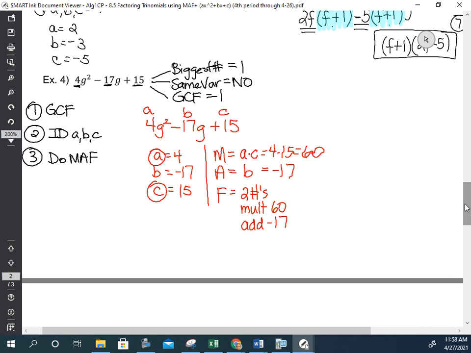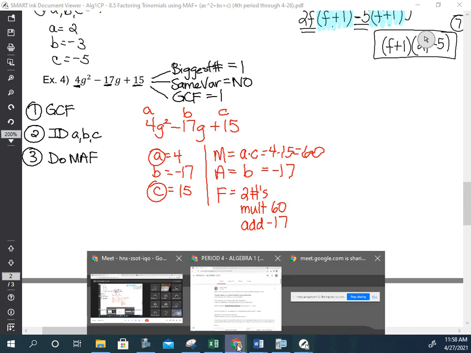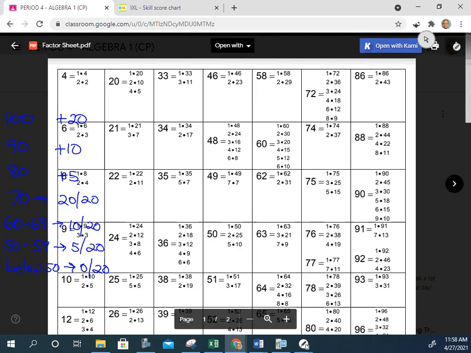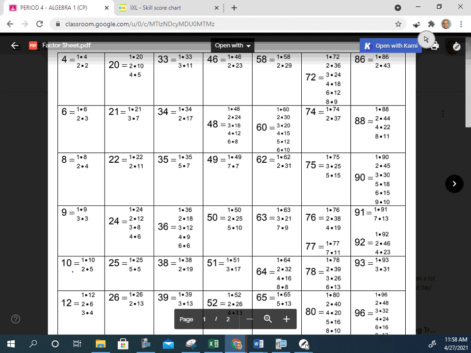If you struggle with what multiplies to 60, you've got a factor chart. Use it. Here's my factor chart. There's all the numbers that multiply to 60.